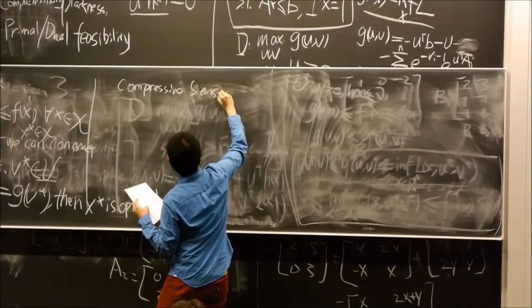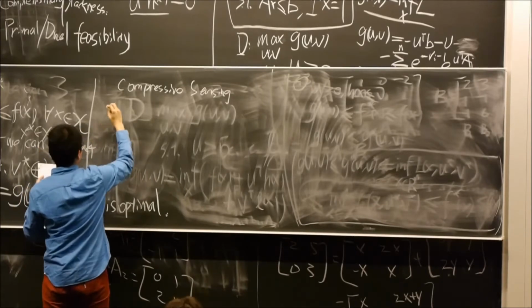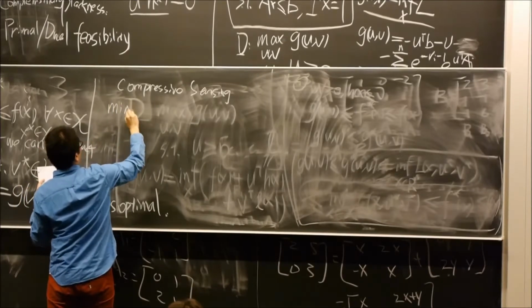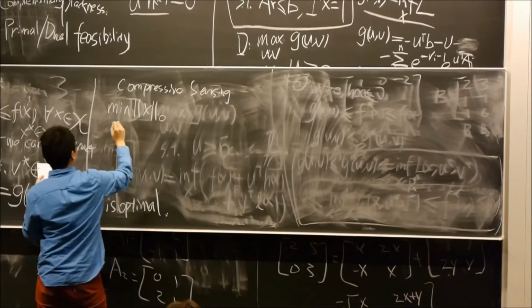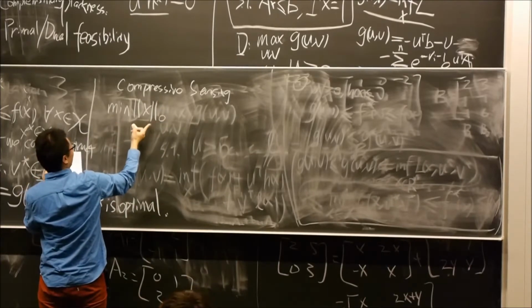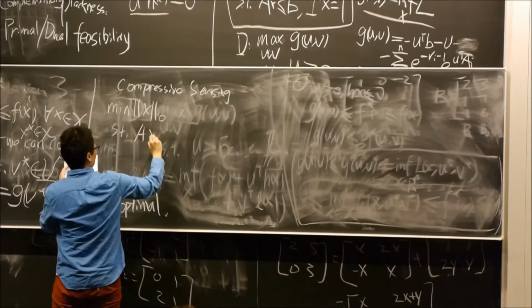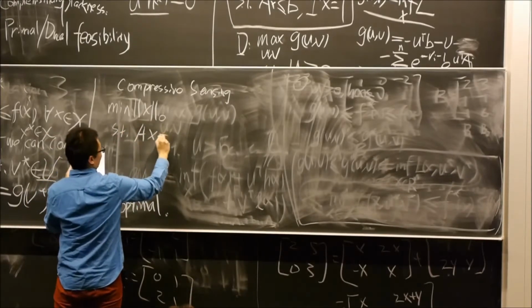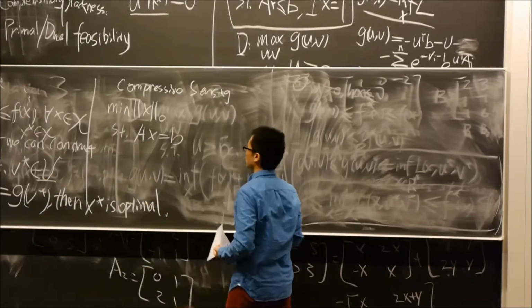This time we consider, instead of matrix compressive sensing, the more classic form of it. So x is a vector, and the task is to minimize the L0 norm of x subject to some sensing matrix times x equals b, and this b is a compressed signal.